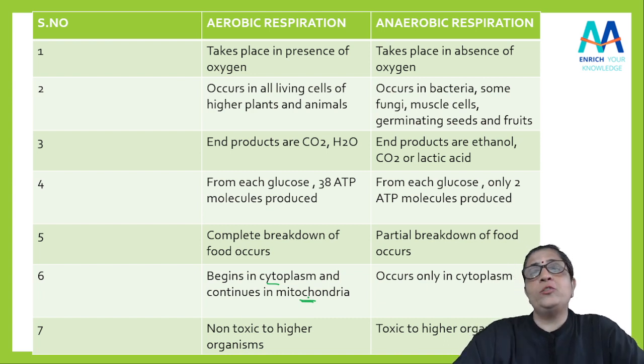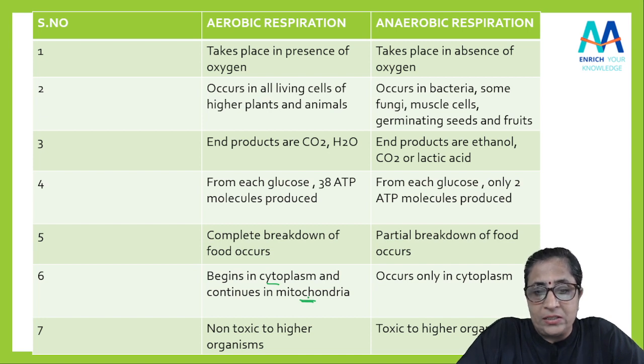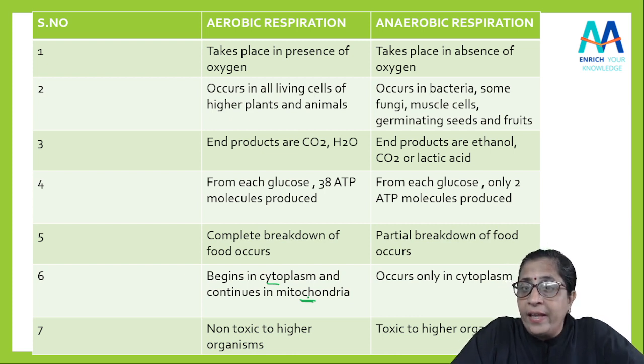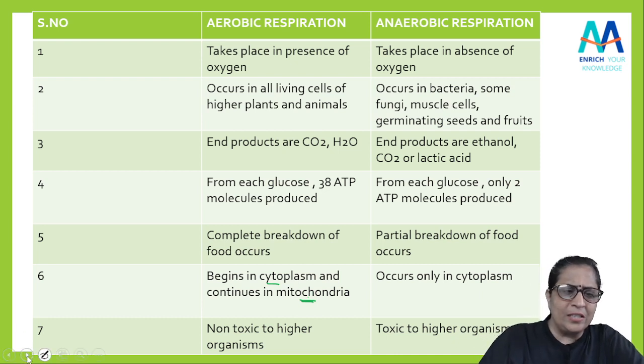Whereas anaerobic respiration occurs only in cytoplasm, that is the glycolysis. Aerobic respiration is non-toxic to higher organisms. Anaerobic, it is toxic. As I told you, lactic acid is toxic. है ना? This is the difference between the aerobic and anaerobic respiration. आप इसमें और कुछ points भी डाल सकते हो.